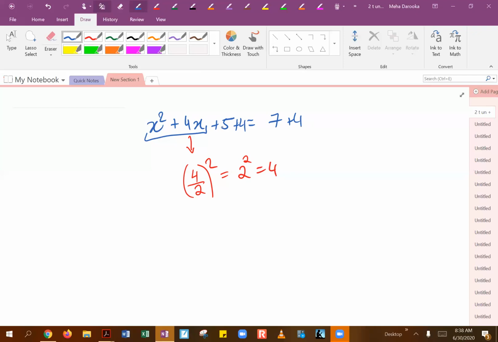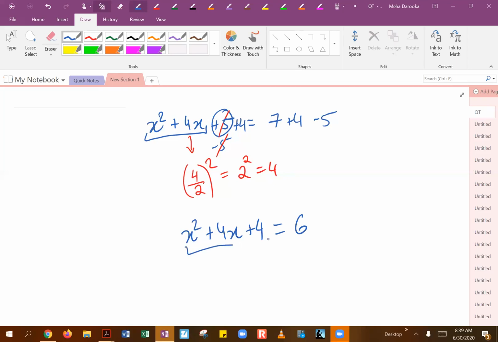Another step that we would have actually taken is we would have taken this number 5 and moved it to the other side, because it's not really serving any purpose on this side. And you would end up getting x squared plus 4x, and then this number 4 that we added. And then, of course, clean up the right-hand side, which would end up giving you 6.